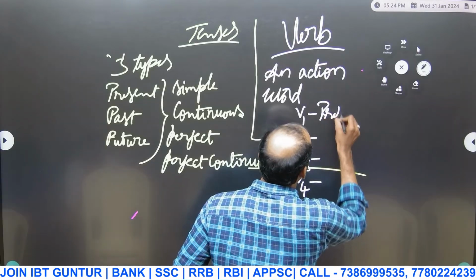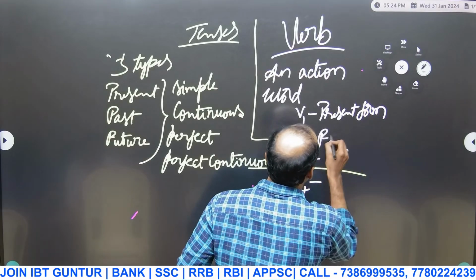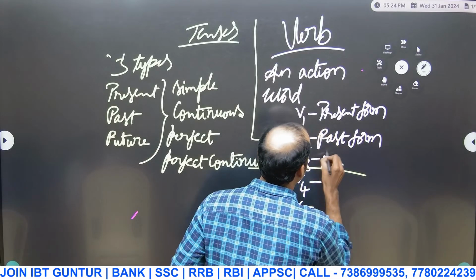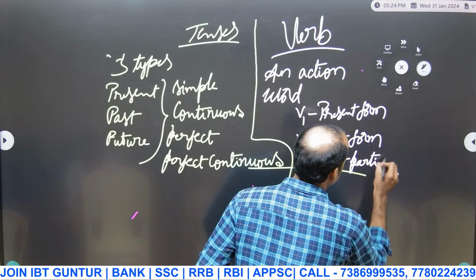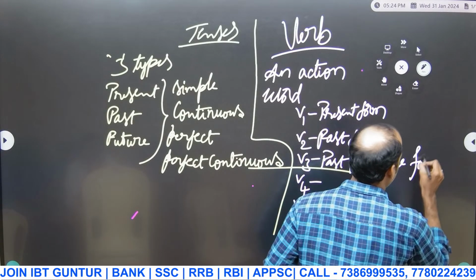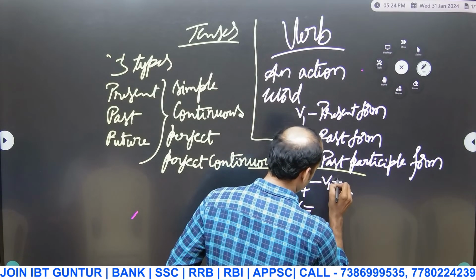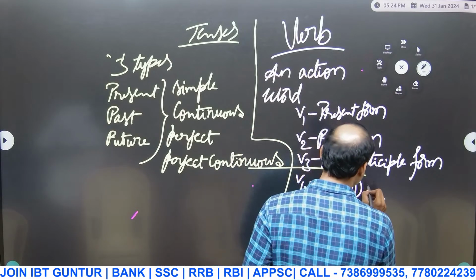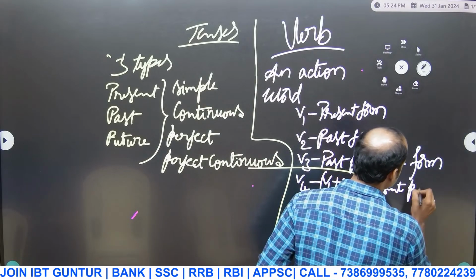Present form, past form, past participle form, V4 is nothing but the ing form, also we can call it the ing form, and the name is present participle form.